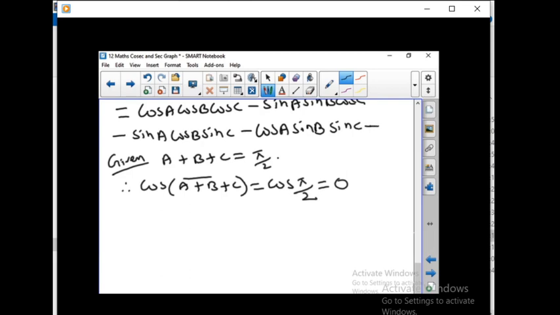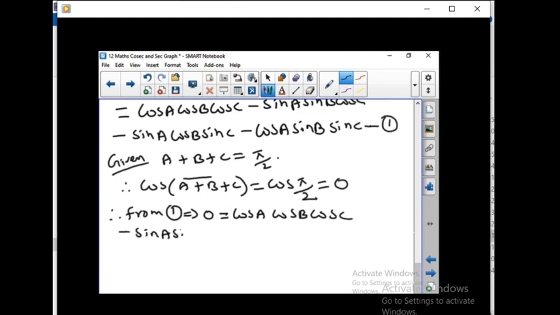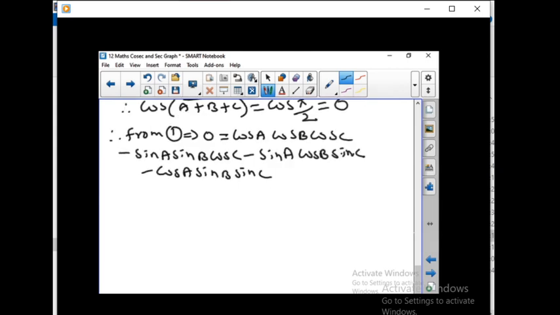So now we can take this as 1. So from 1, 0 is equal to cos A cos B cos C minus sin A sin B cos C minus sin A cos B sin C minus cos A sin B sin C. Now keep only the first term of the right hand side on that side and take all other terms to the other side.